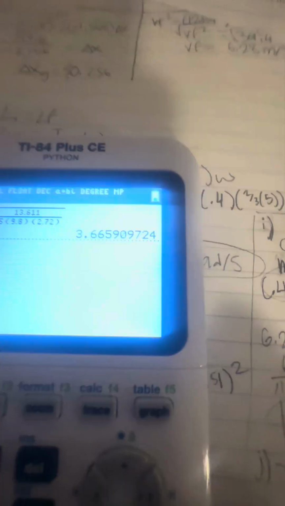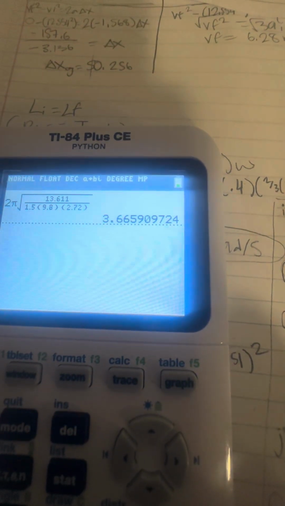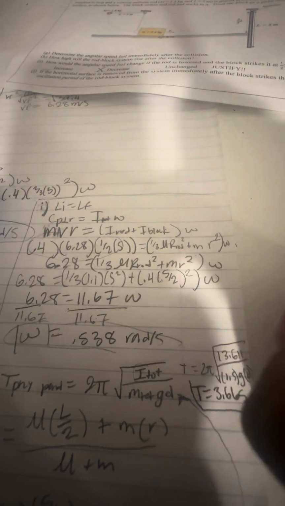That gives us an answer of 3.666. So our period is going to be equal to 3.665 seconds. There we go. This is an s for seconds. So that's going to be our period and the answer for part J. Thank you.